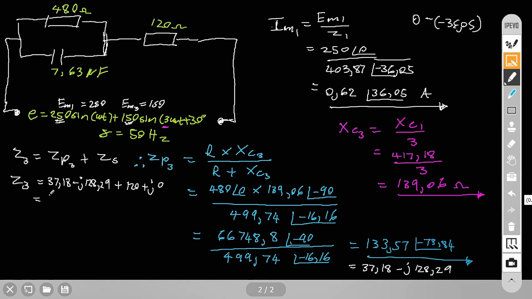So this would give you 157.18 minus J128.29, and then you write this in polar form. 202.89 at an angle of negative 39.22 ohms.